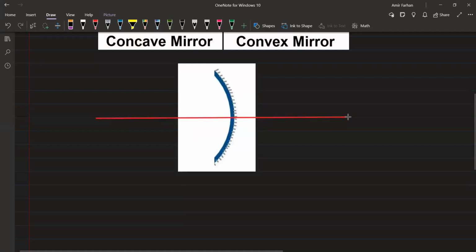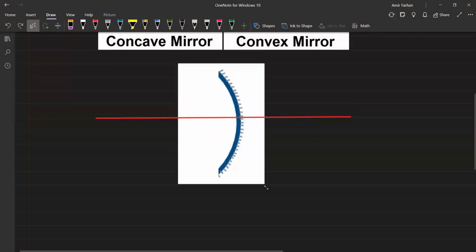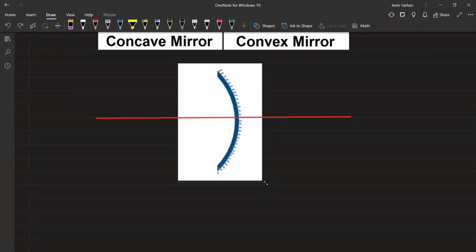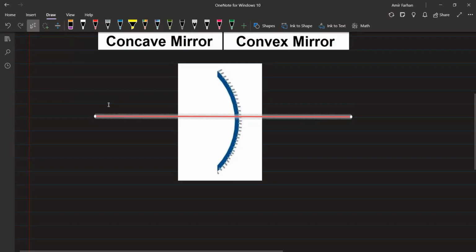Yes, sir. Because this is a topic in which symmetry matters, because this is the image formation topic.